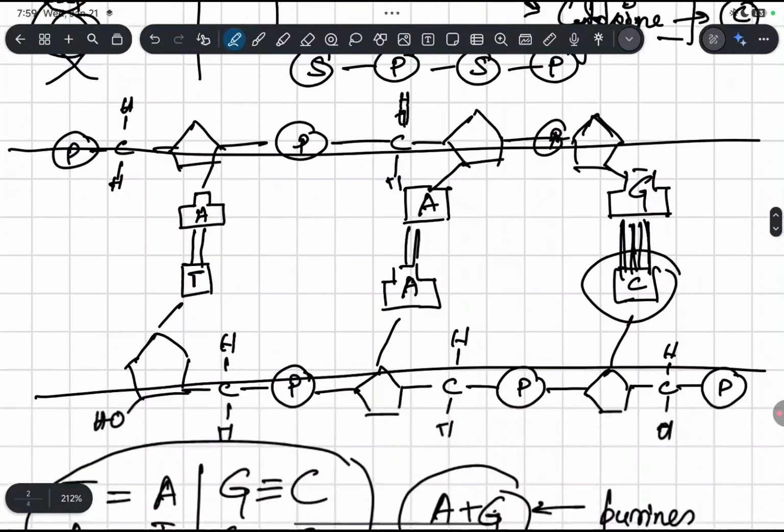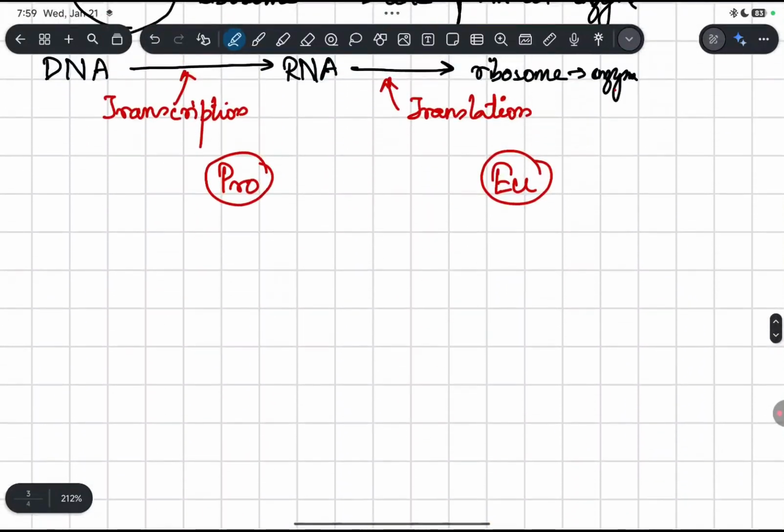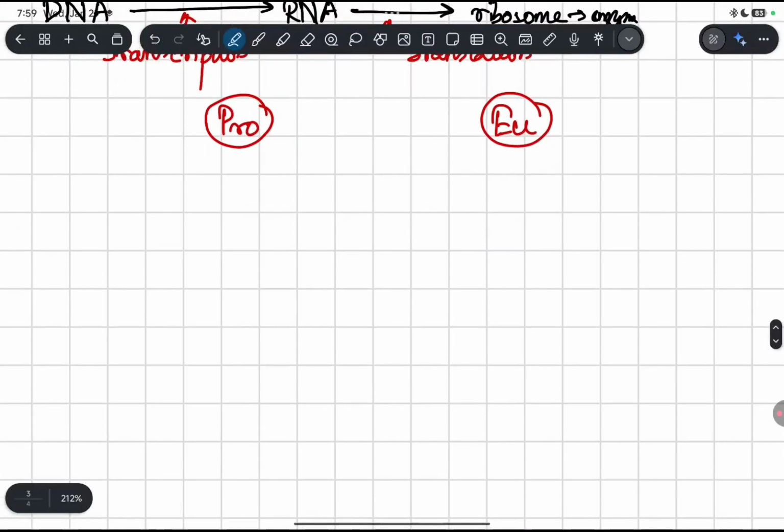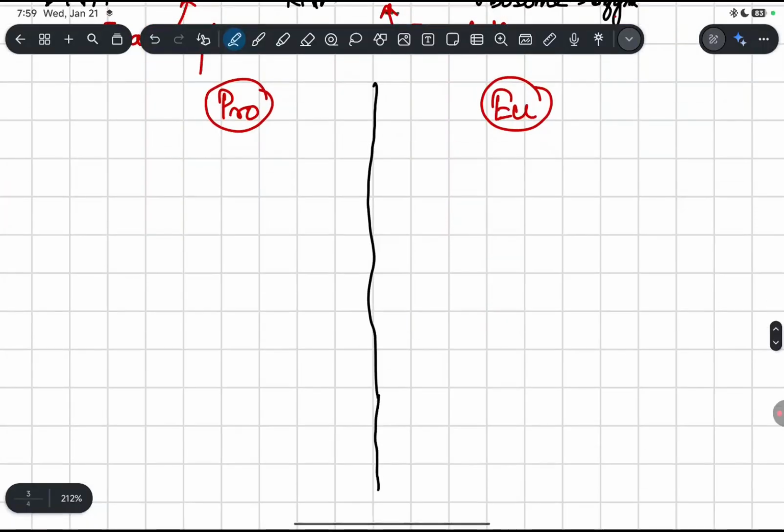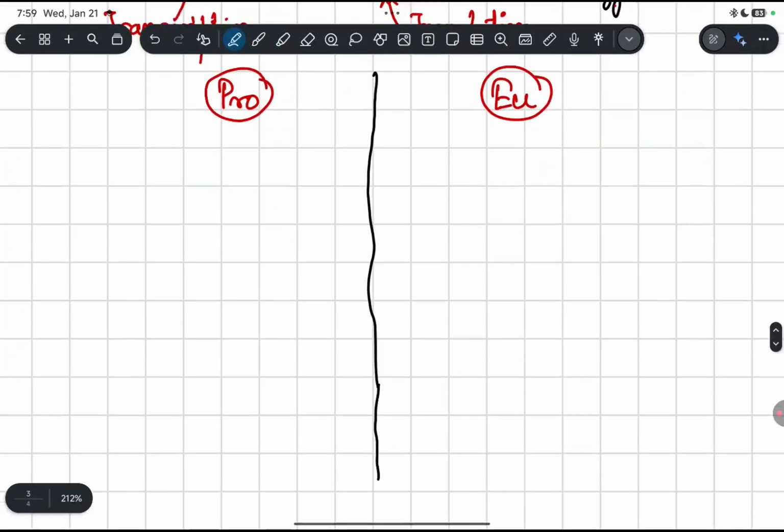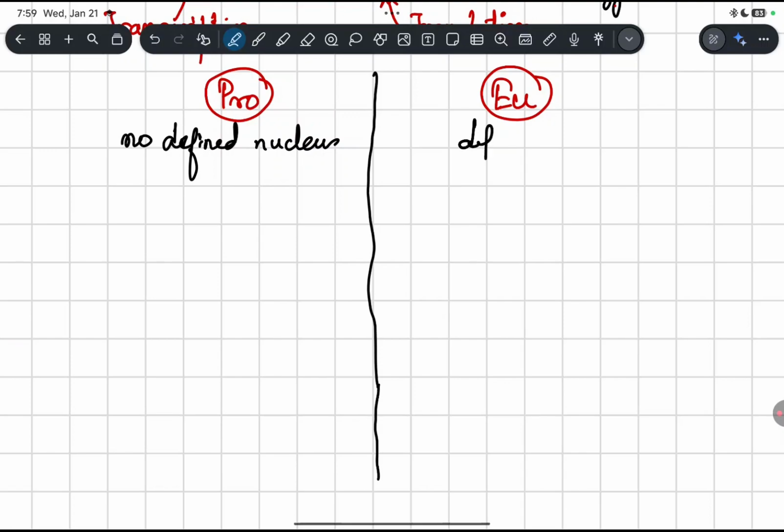But in a prokaryotic cell, the genetic material floats randomly within the cytoplasm, I mean, inside the cell membrane. So the first difference we can notice is that here we have no defined nucleus, and here we have a defined nucleus.